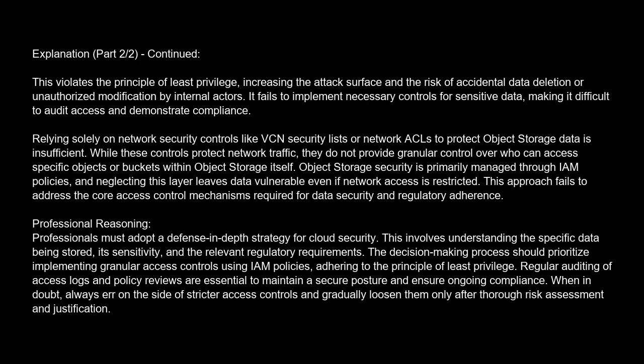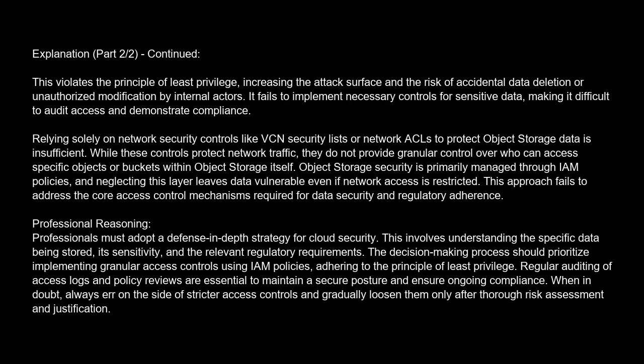This violates the principle of least privilege, increasing the attack surface and the risk of accidental data deletion or unauthorized modification by internal actors. It fails to implement necessary controls for sensitive data, making it difficult to audit access and demonstrate compliance. Relying solely on network security controls like VCN security lists or network ACLs to protect object storage data is insufficient.